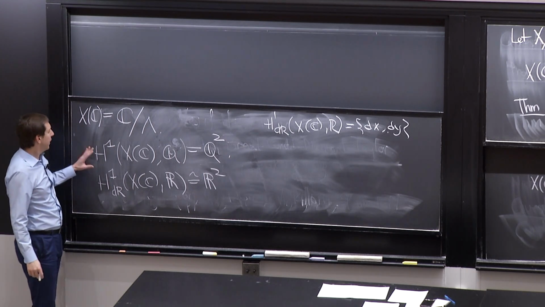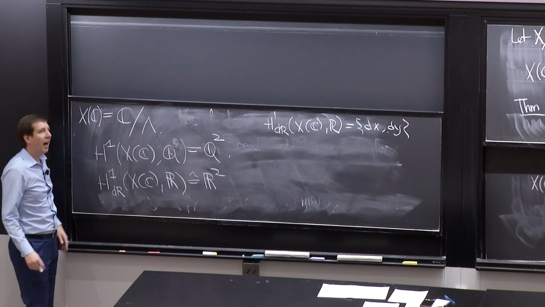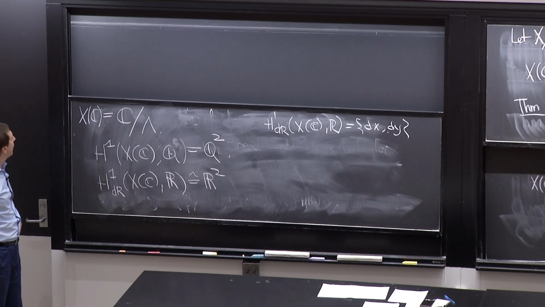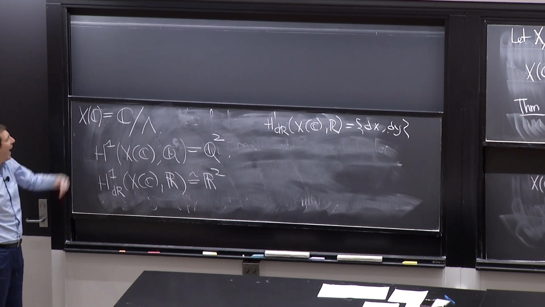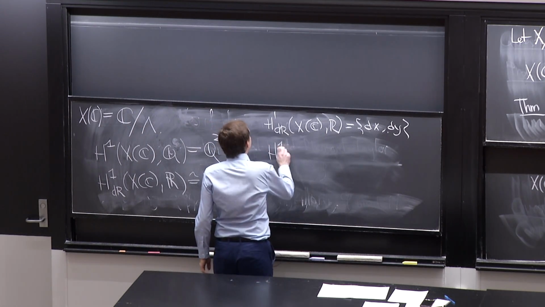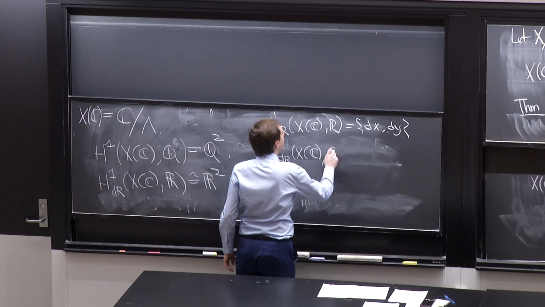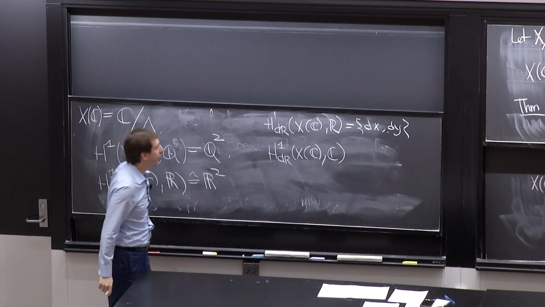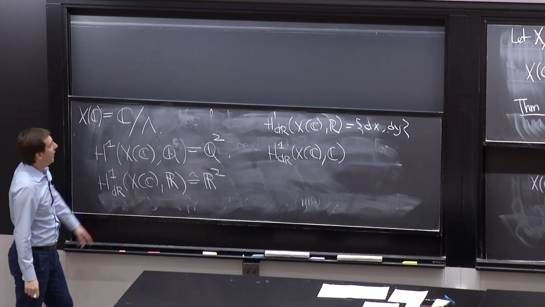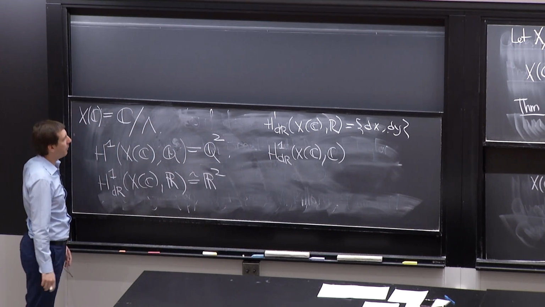But so far we haven't used the fact that this is actually coming from a complex variety, and the fact it comes from a complex variety actually gives the de Rham cohomology extra structure. Namely, if we allow ourselves to increase coefficients once more to have coefficients over C, this is still a two-dimensional space, but it has a canonical one-dimensional subspace.